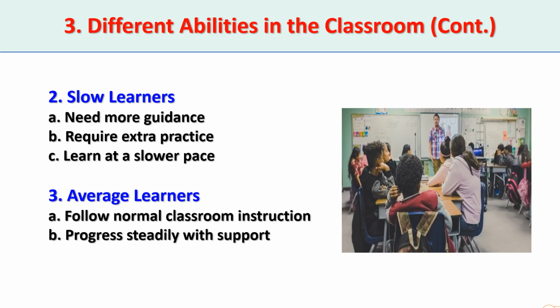This is what we call group work. For example, in a physical classroom, I assign you to work in groups of four or five students, and I give you the specific topic with clear instruction. So this is what we call group work.